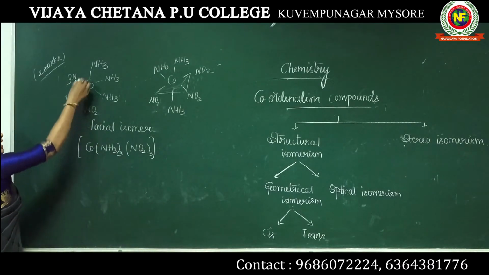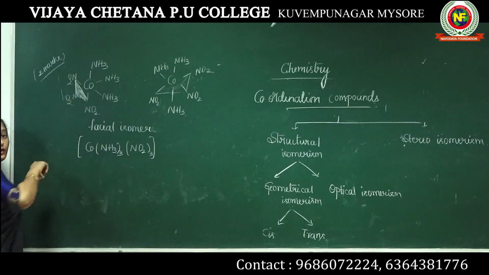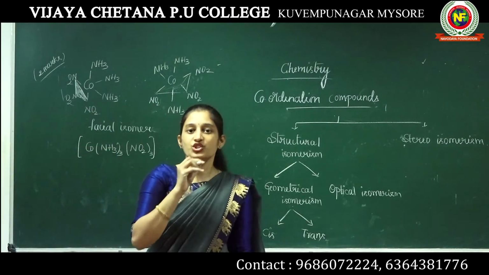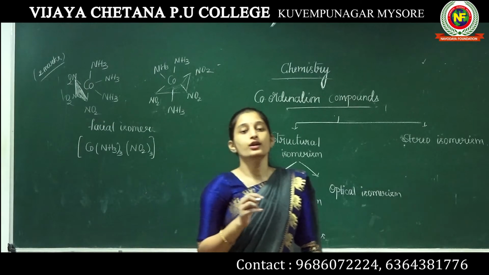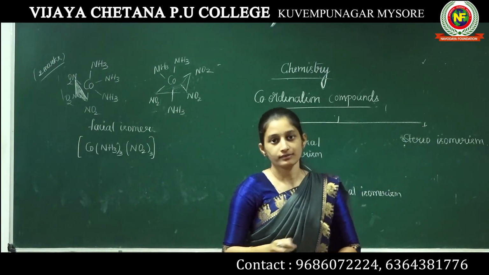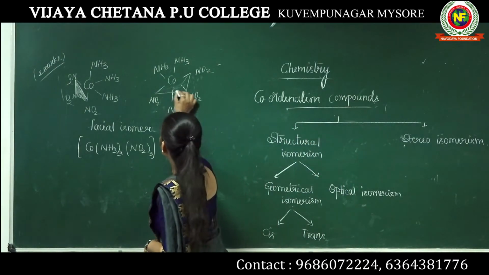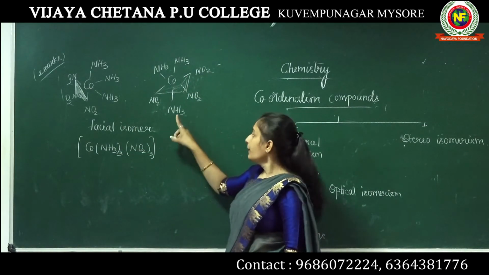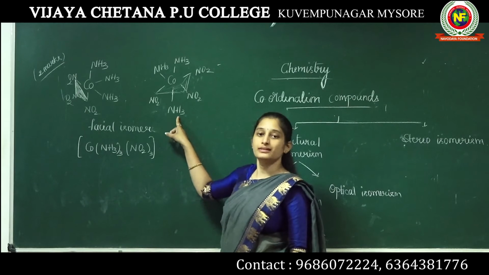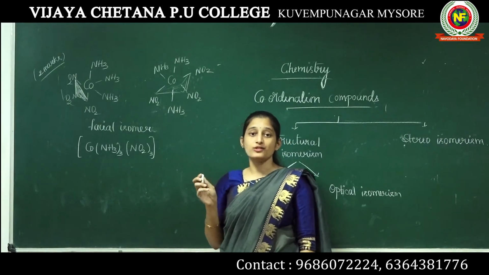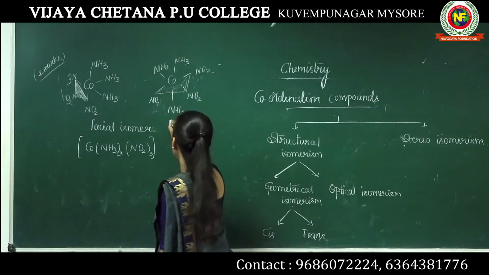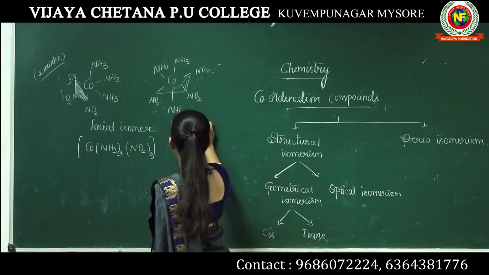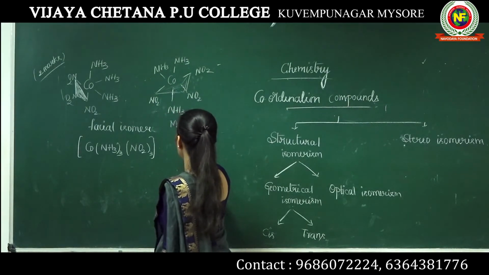Means all the nitro groups are present on one side, such type of form we call a facial isomer. Here, if like this, NO2, NO2 on the same side, but in the middle NH3 is there, such type of isomer we call a meridional isomer.